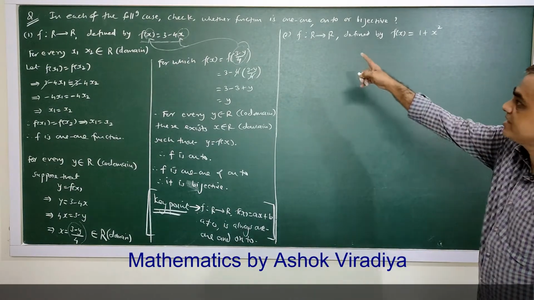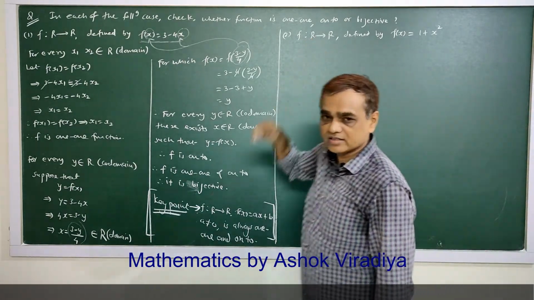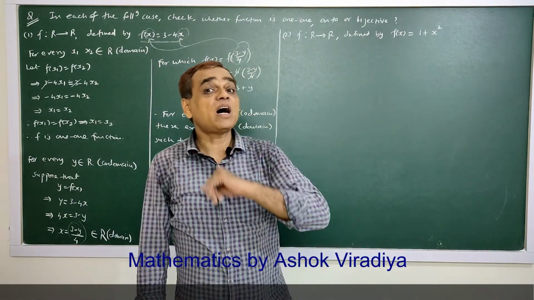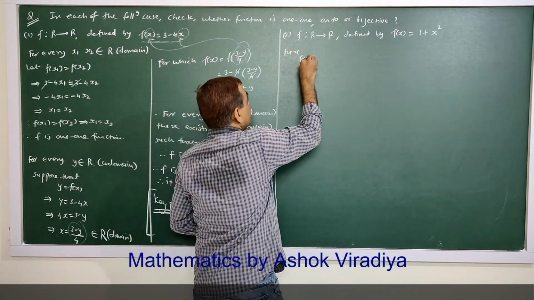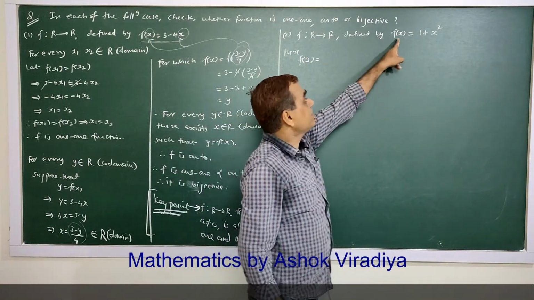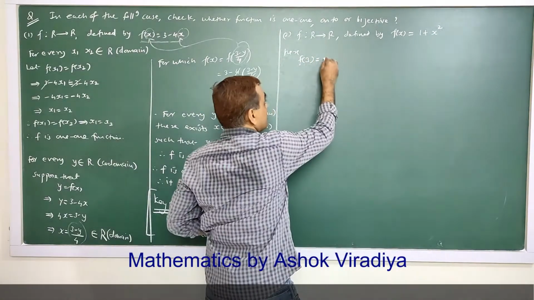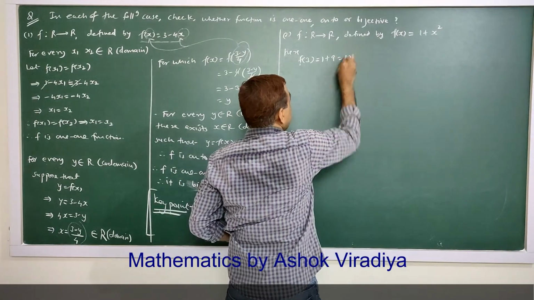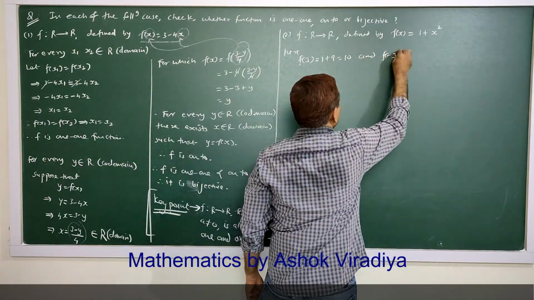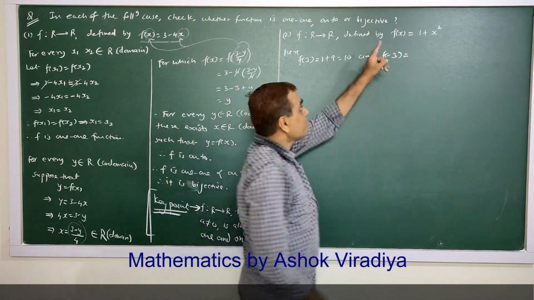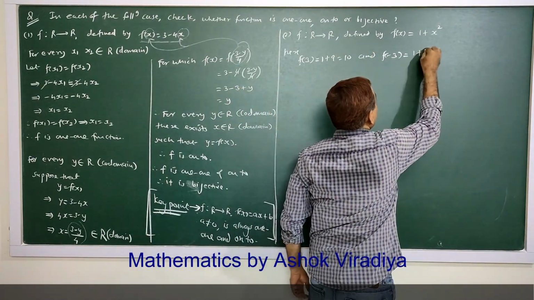If the domain is R or Z, say the domain is R. From R, suppose I put in value 3. The image of 3 is 1 plus 9, so it is 10. And if I put in minus 3, then also the value is 10.